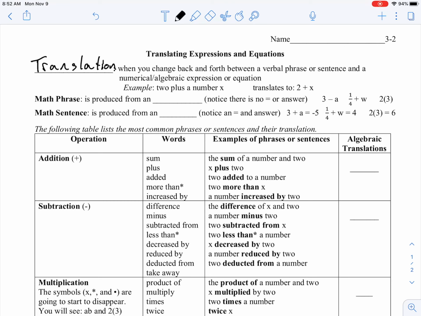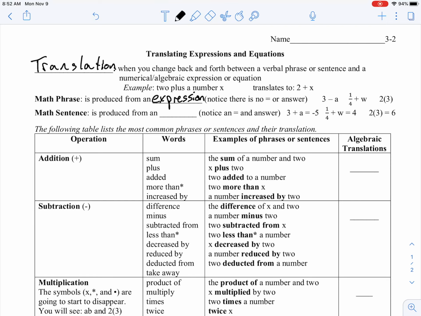translation. Just like you translate between two different languages, like Spanish and English, we translate between math and English because mathematics is a language. A math phrase is produced from an expression.